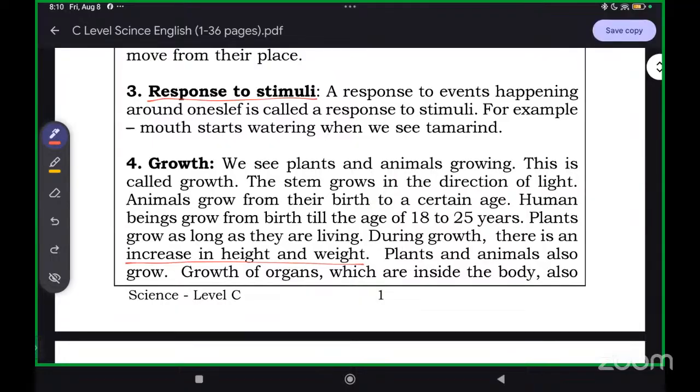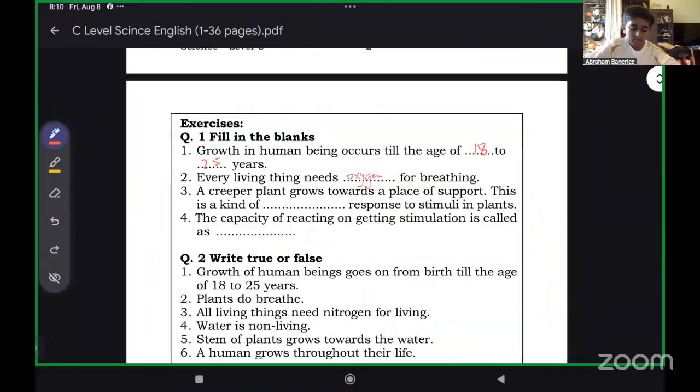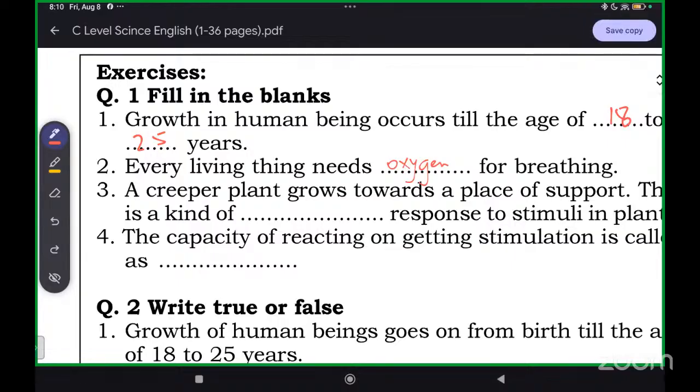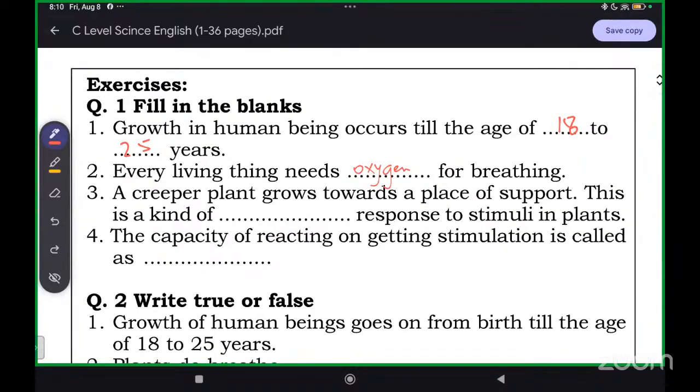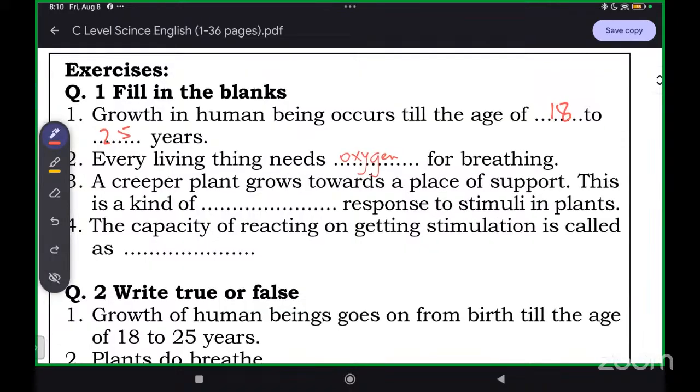This is a kind of response to stimuli in plants. Yeah, I think there is a misprint in this question. Okay, ma'am.